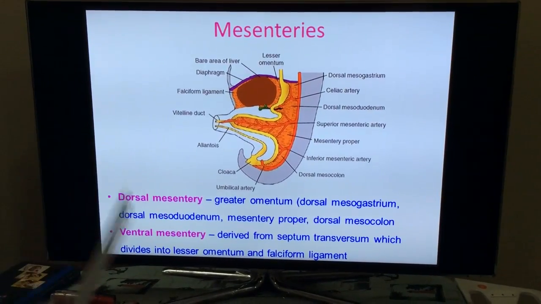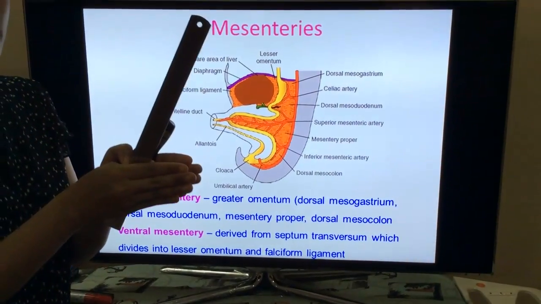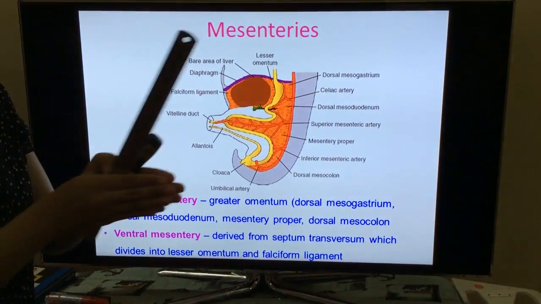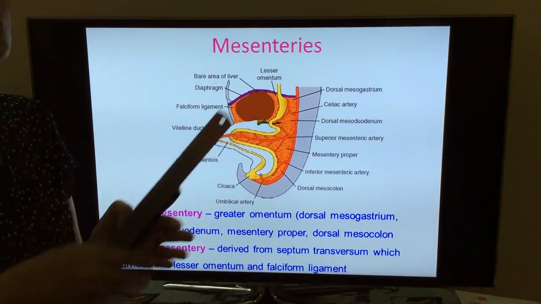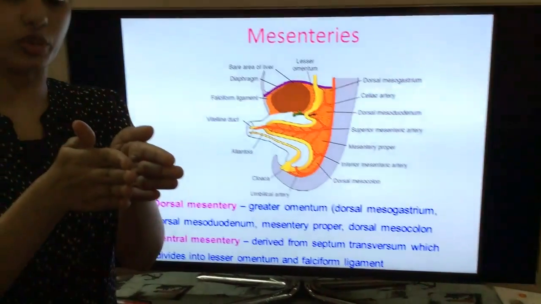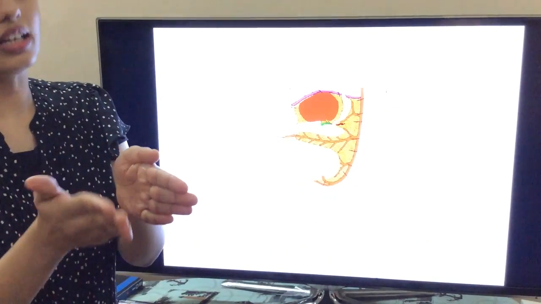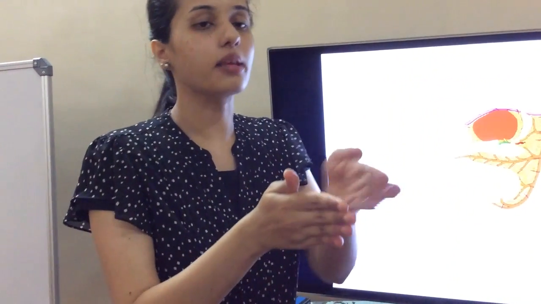As I told you, the peritoneum is double layered. It has two layers, and in between the two layers there is a cavity called the peritoneal cavity. The visceral layer is completely attached to the visceral organs, and the parietal layer covers the inner aspect of the abdominal wall.